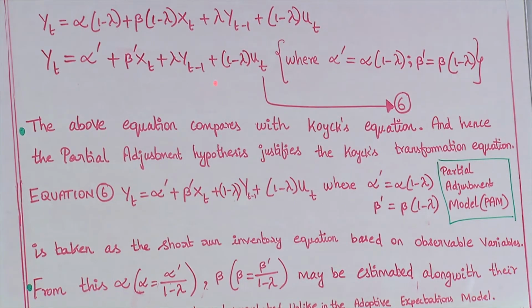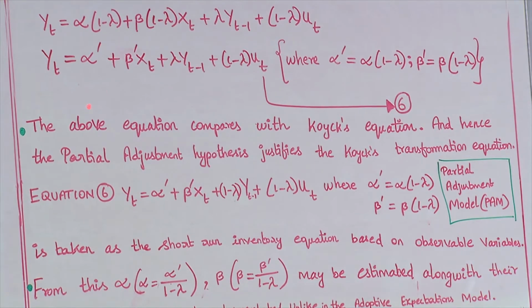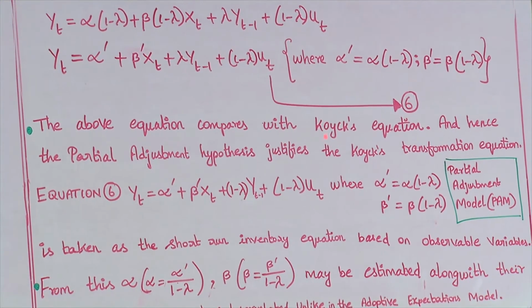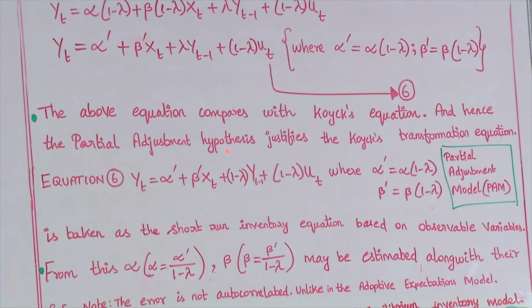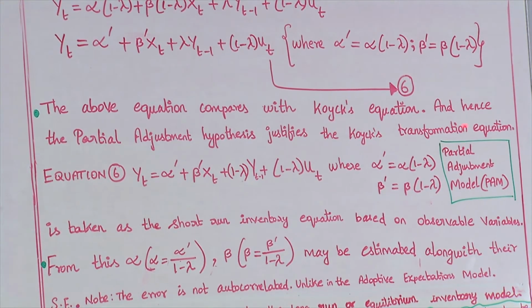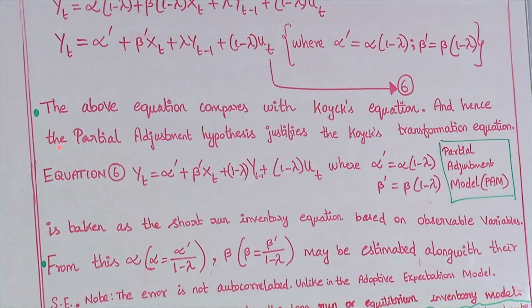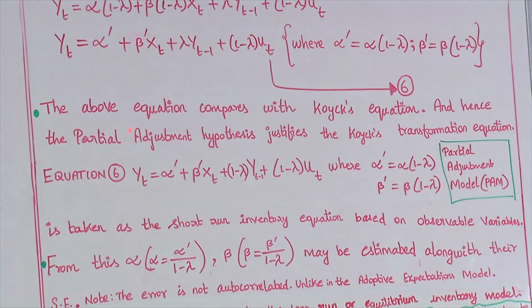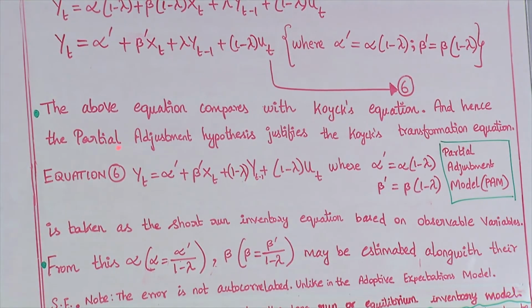So, in conclusion, the KOYCK transformation equation represents the partial adjustment hypothesis. We can conclude the above equation compares with KOYCK's equation, and hence the partial adjustment hypothesis justifies or rationalizes the KOYCK transformation equation. This is one more justification, apart from the adaptive expectations hypothesis, for the KOYCK transformation.